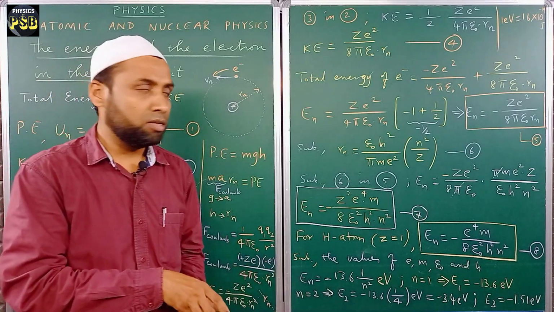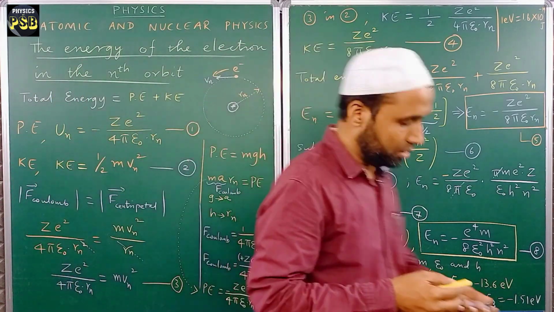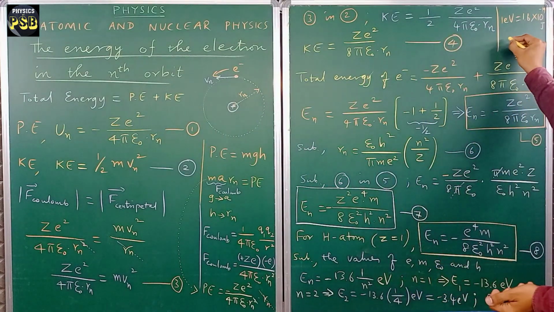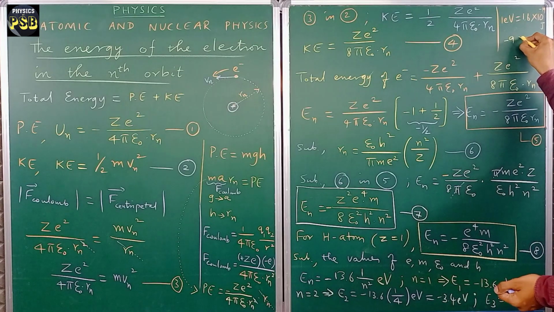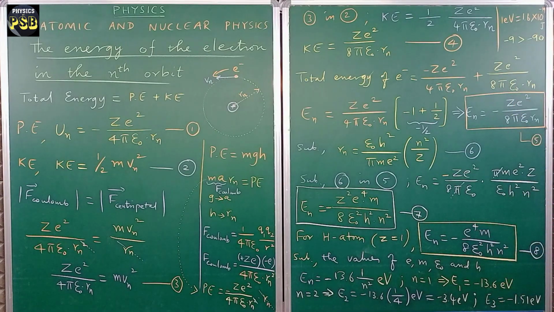For example, minus 9 is greater than minus 90. So minus 13.6 electron volt is lesser than minus 1.51 electron volt.